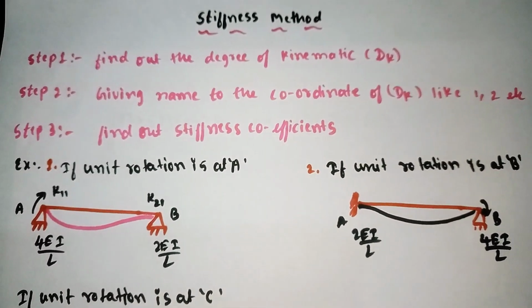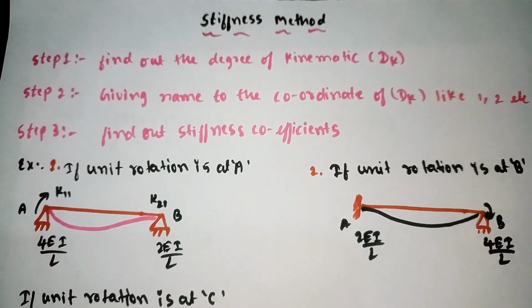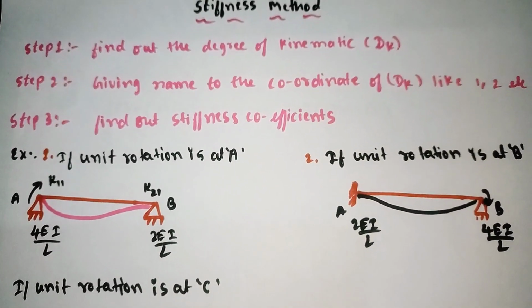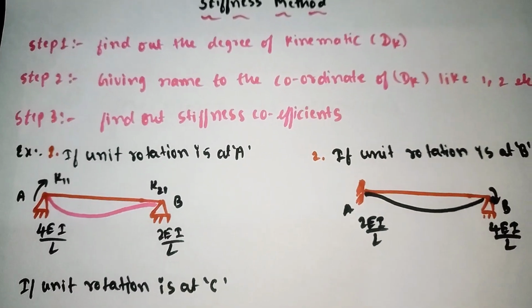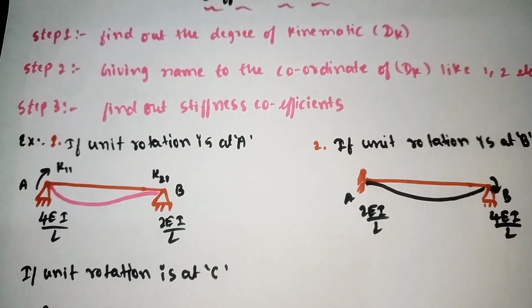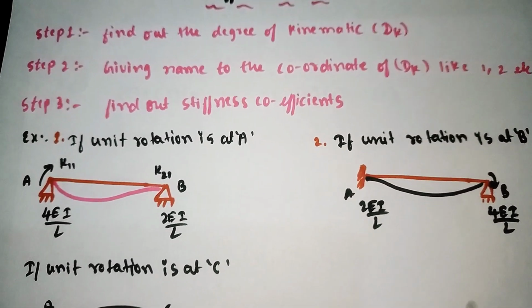When we are doing the stiffness method, we need to calculate the degrees of freedom manually, not by using the formula. When you calculate using the formula, you get to know how many degrees of freedom are present, but you don't know at which point they are acting.